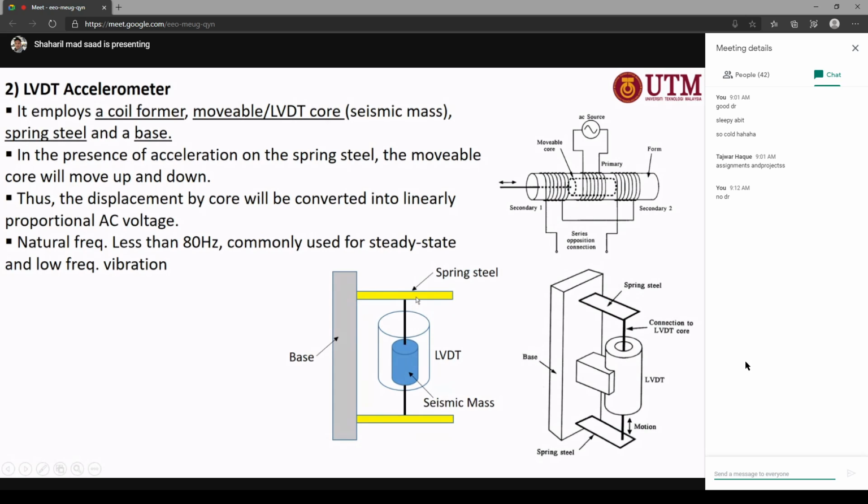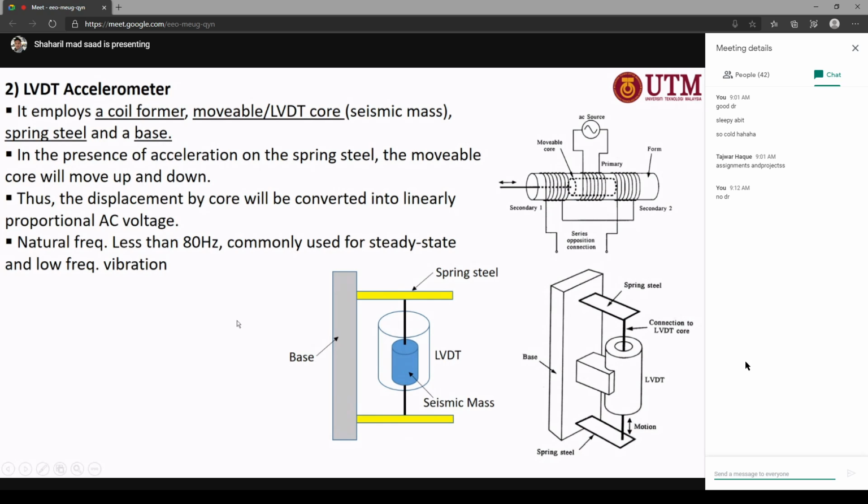So what happens when there is some force, some vibration, happening here, it will push your seismic mass down and also up. So you will get a different output in terms of the voltage.